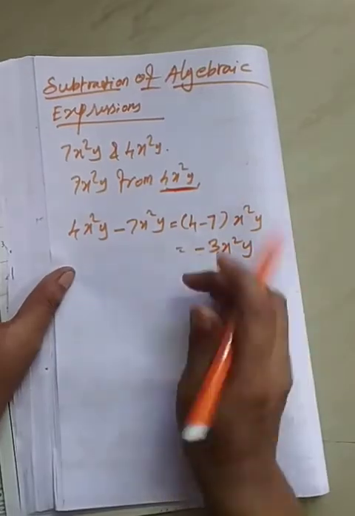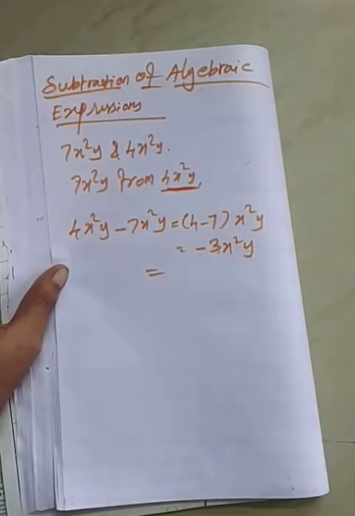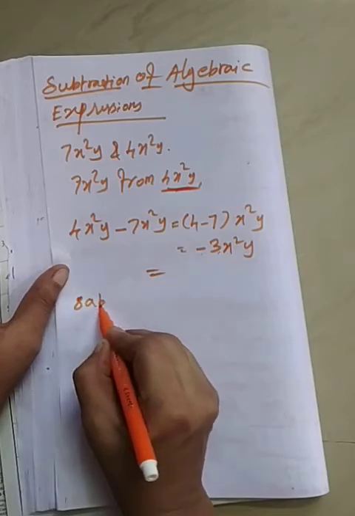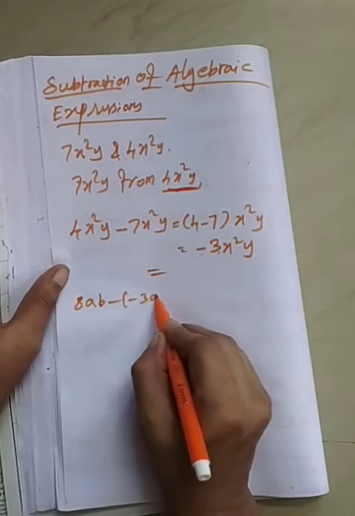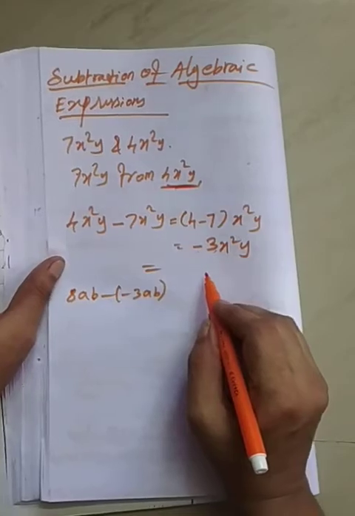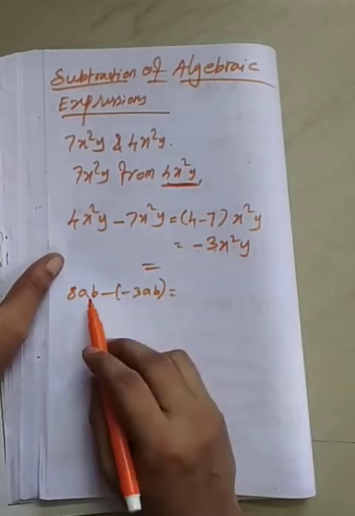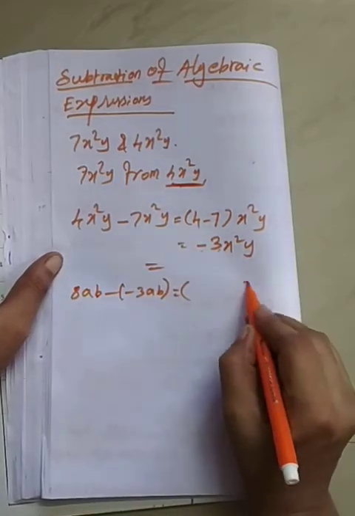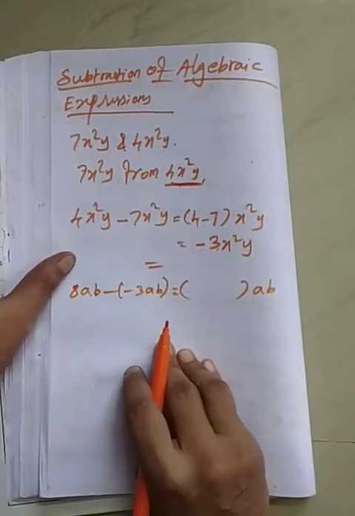Okay. See here. In the same way, you have to take the other one. See, 8ab minus of minus 3ab means, see in this one, which value is common? ab is common, right? You can take ab as the common value.